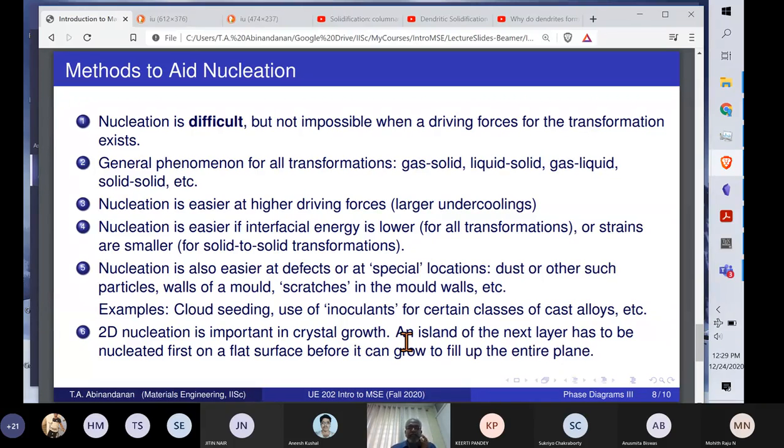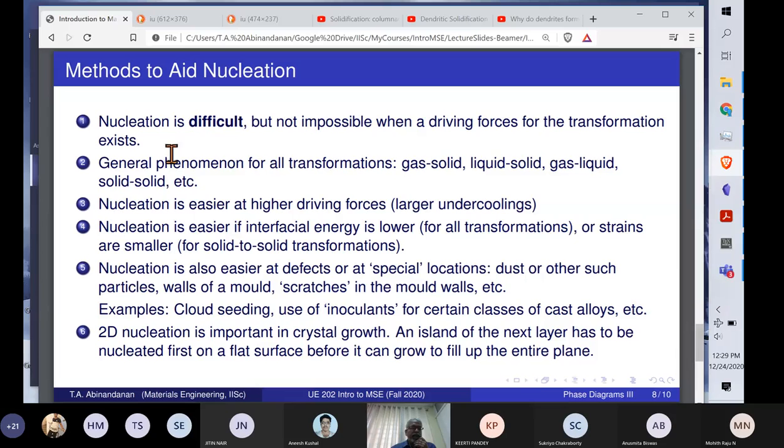So when there is a finite driving force, such as keeping water inside the freezer, nucleation is difficult, but it is not impossible. So it will eventually happen, but you can decrease the time for nucleation by resorting to various techniques.